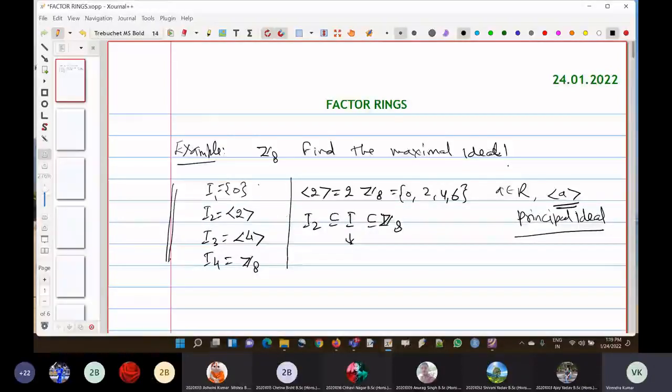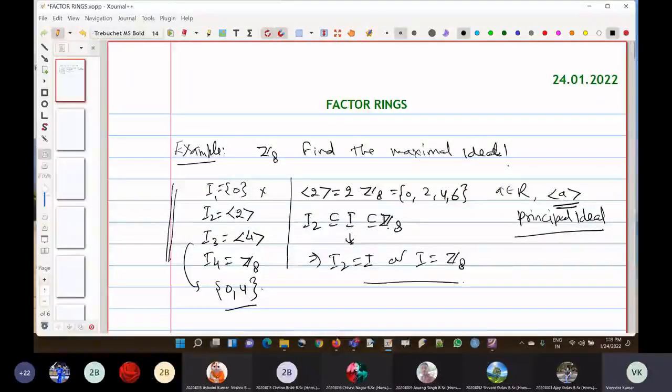Of course, it cannot be 0. In the ideal generated by 4, you will be getting only 2 elements, 0 and 4, and I cannot be that one. I cannot be I3. So either I has to be Z8 or I2 itself. So there are only two possibilities. So certainly I2 is going to be a maximal ideal.